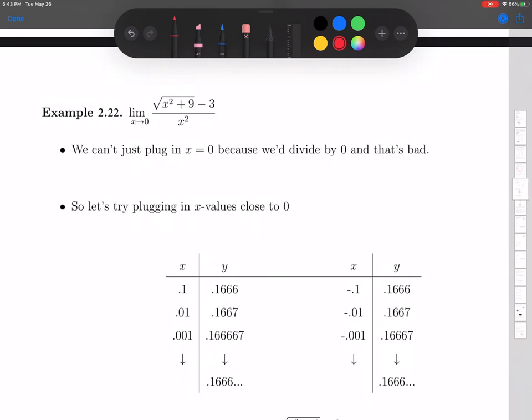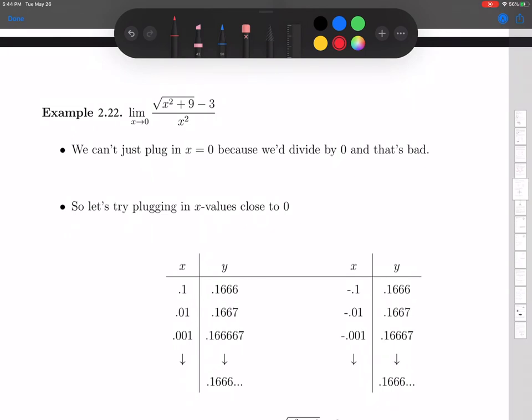So we can't actually just plug in 0. You guys can probably see why. If we do that, we will literally have division by 0. That's a problem. We actually will have 0 on the top, which is a problem as well. So we'll end up with 0 divided by 0, which, new vocabulary word, is called indeterminate. It's an indeterminate form. We can't determine anything about it.